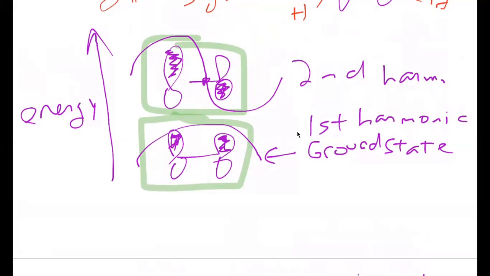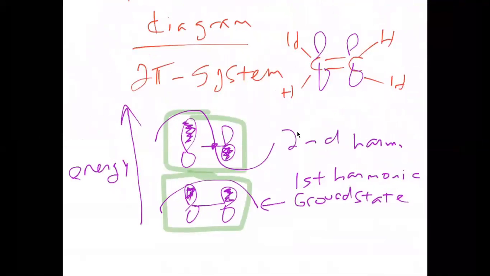So this is an example of a 2-pi system, right? Where you have 2 pi electrons. Let me put the electrons in too. So we can put the electrons here. All right, so you got 2 electrons, and you always fill up the low energy orbitals before you move up.